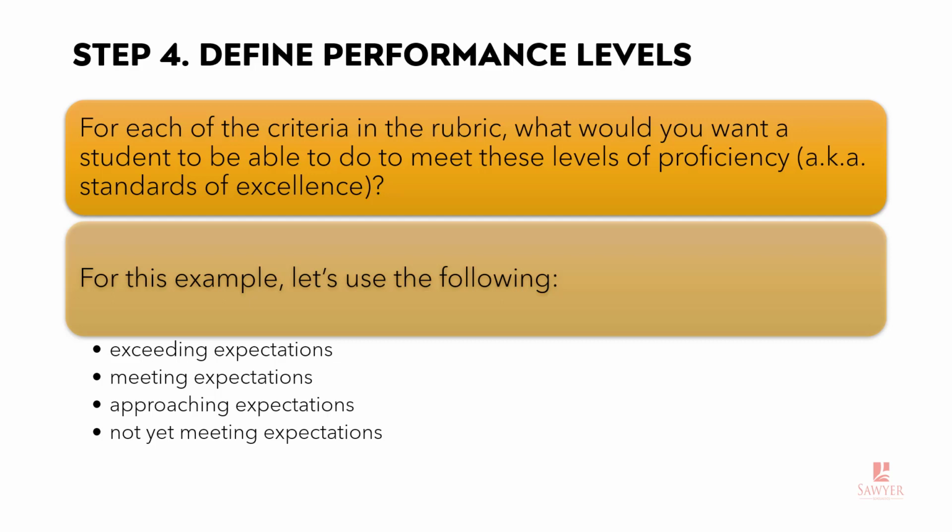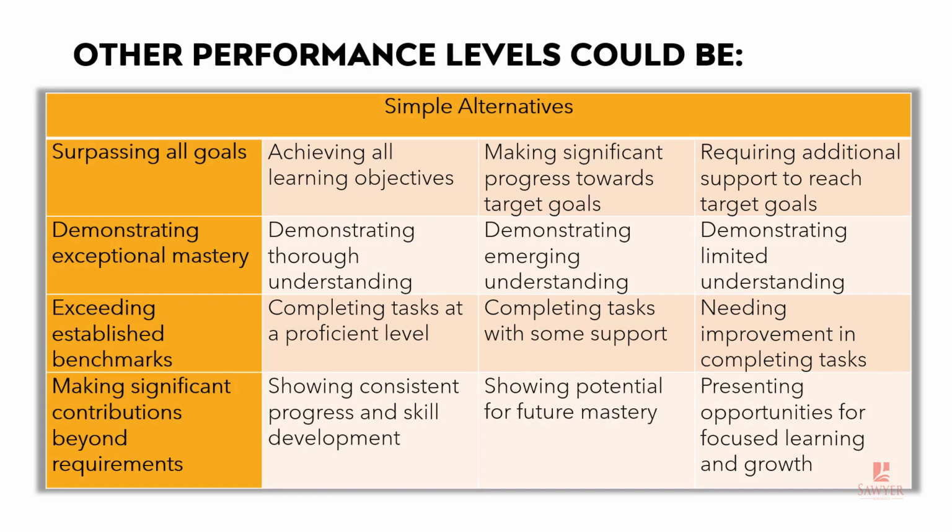Okay. Now there are other options that we can use for this. We can use some simple alternatives, and I'll give all this to you so you have tons of these performance indicators. One for surpassing all goals is achieving all learning objectives, making significant progress, requiring additional support.